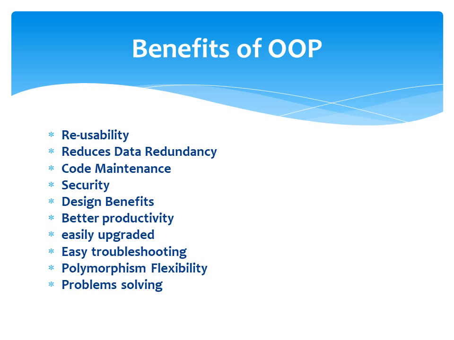Seventh, easily upgraded. In object-oriented programming, if we are already using a small system and we want to add many new features and functionalities, this can be easily managed because object-oriented programming follows a bottom-up approach.